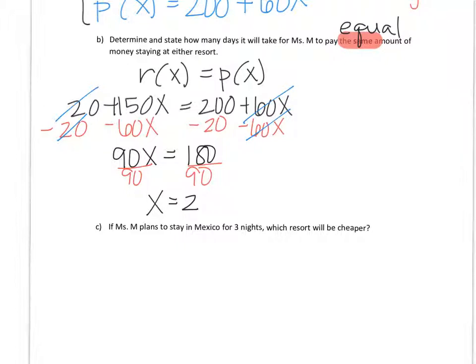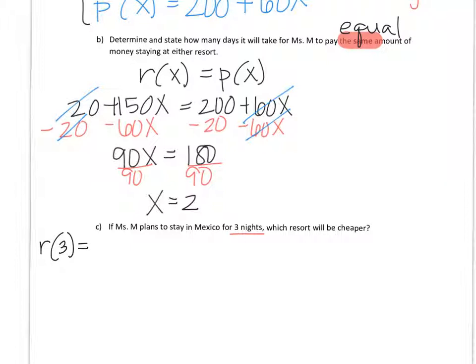And that's letter B. For letter C, it says if Miss M plans to stay in Mexico for 3 nights, which resort will be cheaper? So what you'd want to do here is plug in 3, because she's staying for 3 nights, into R of X and P of X and see which one is going to be cheaper. So let's plug the first one into Rosarito, which is R of X. Remember, if I'm putting R of 3, that means I'm plugging in 3 for the X value.